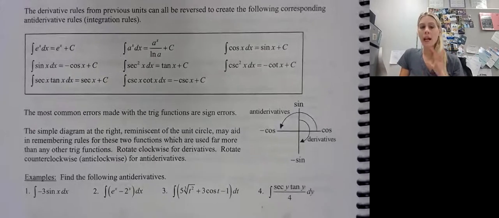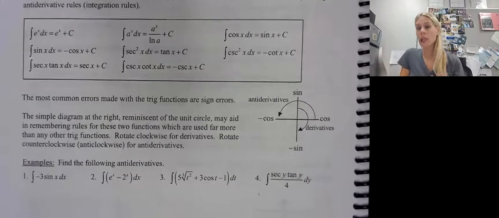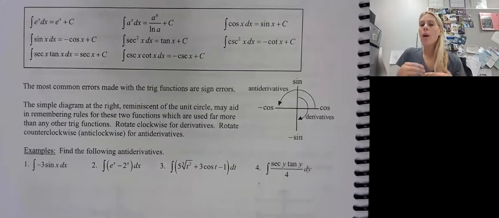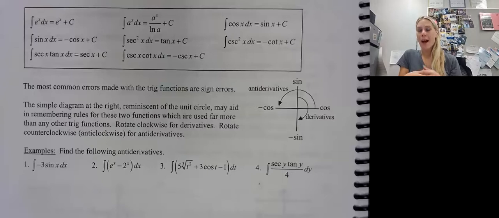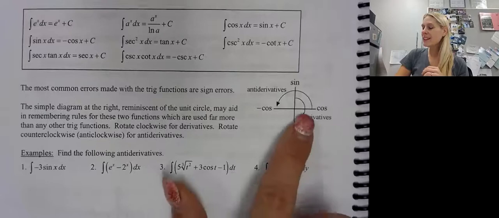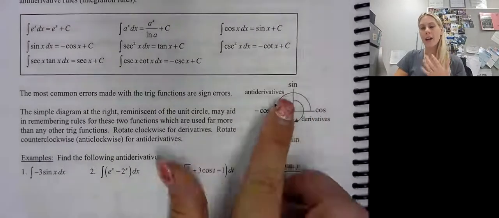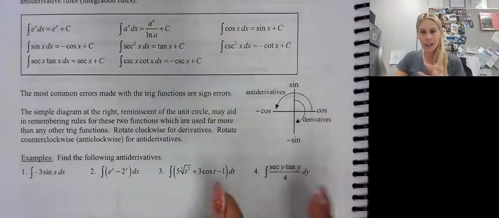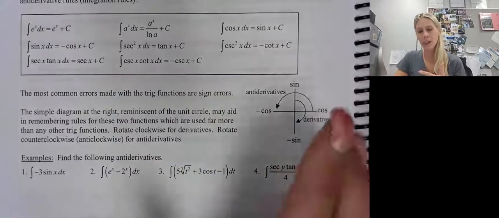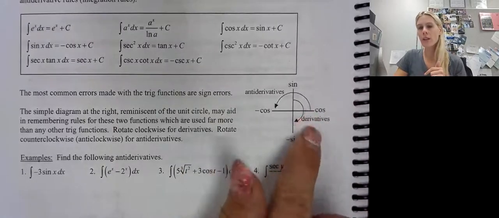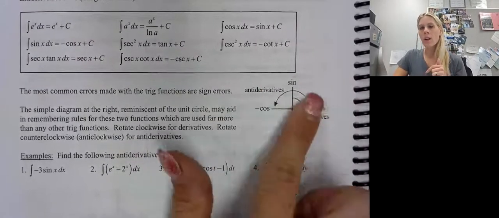The most common errors we can make with trig functions, though, are the sign. Remember how when we take the derivative, I said there's that pattern of all the c's going to negatives, right? If you look at a little bracket here, or a little cross section, for derivatives I would go clockwise.